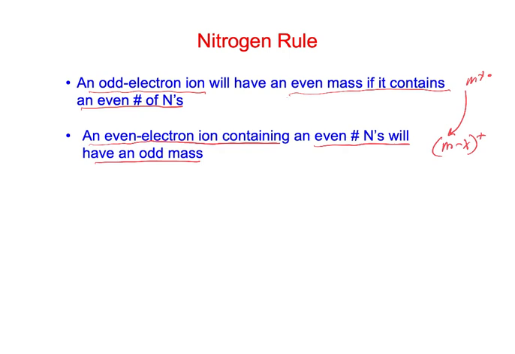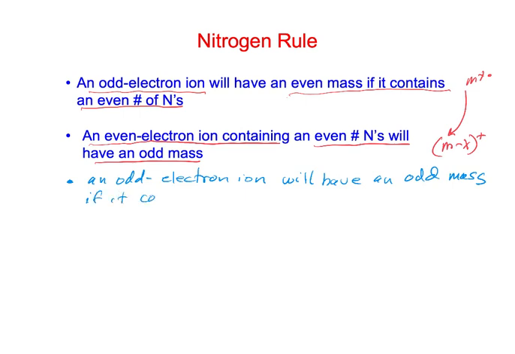Okay, so let's put that down here. An odd electron ion will have an odd mass if it contains an odd number of nitrogens.